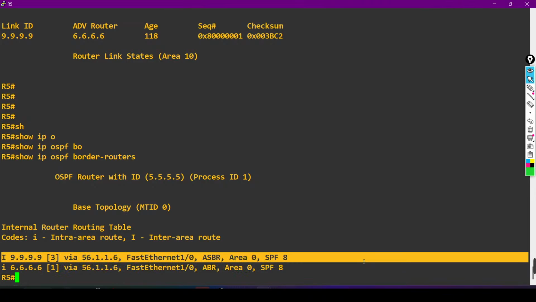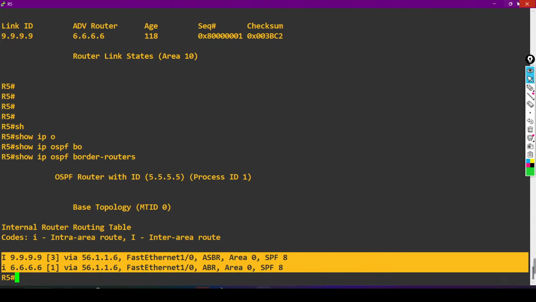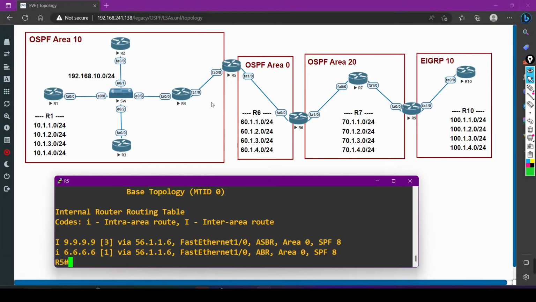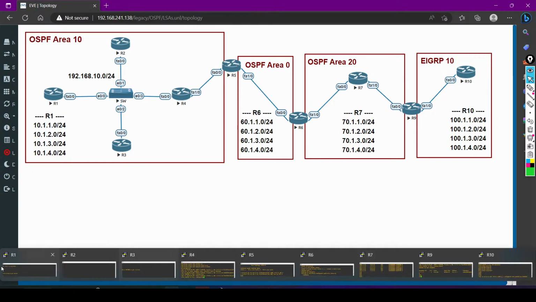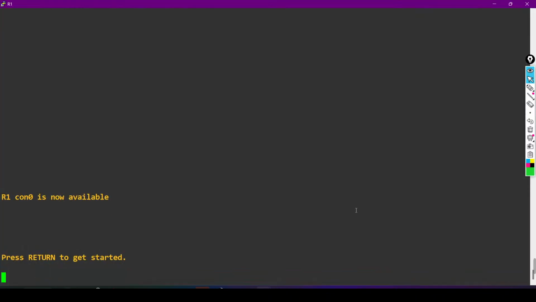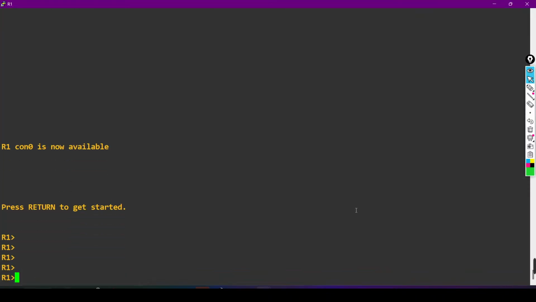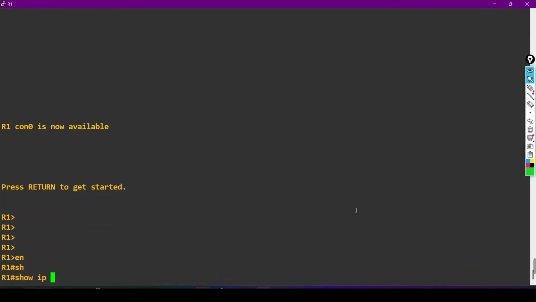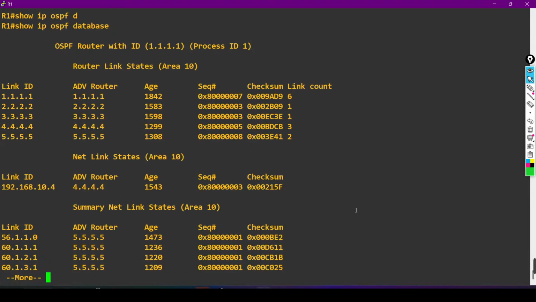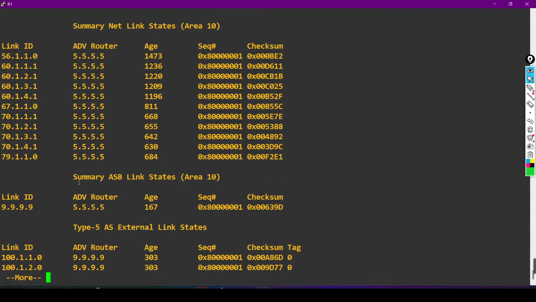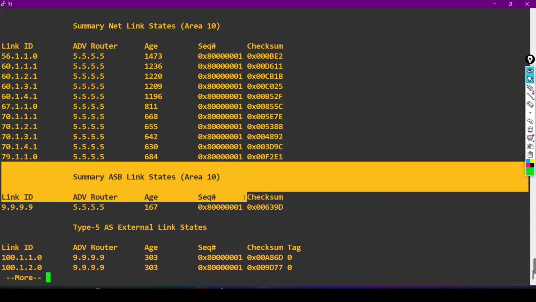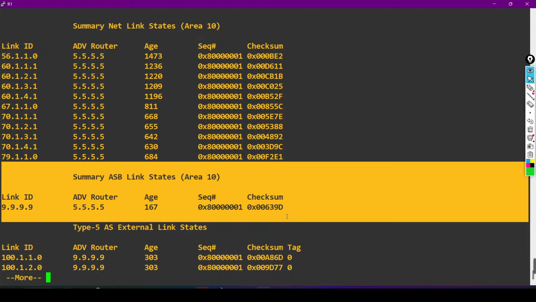Done? In the same way, on router number 1, if you verify the database, see here, enable, so IP OSPF database. Who is generating this LSA 4? 5.5.5.5.